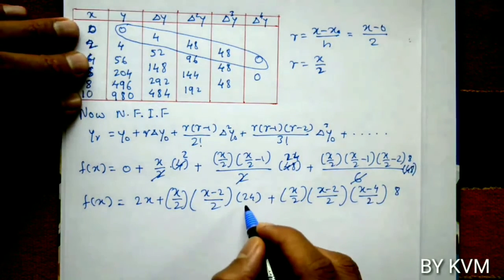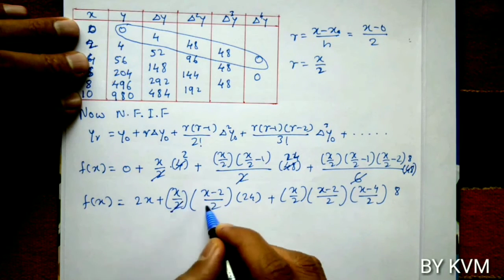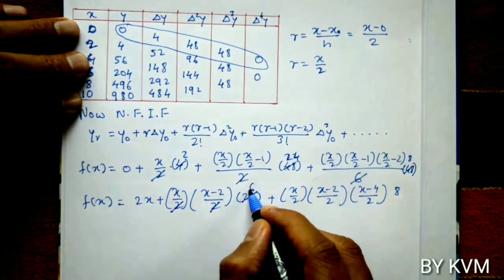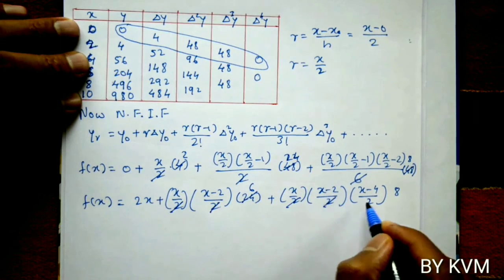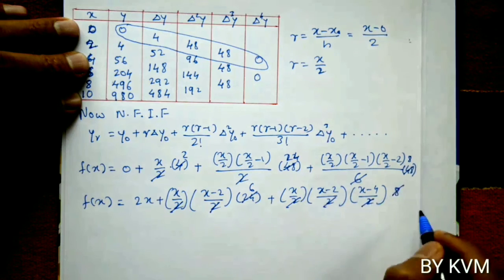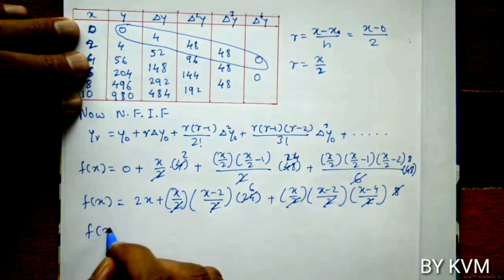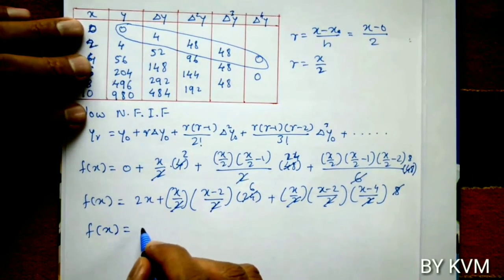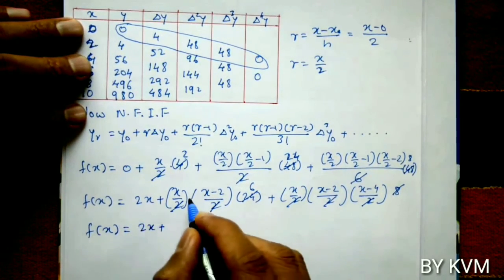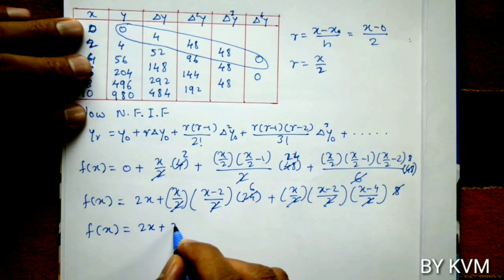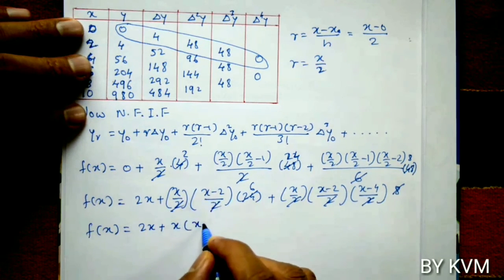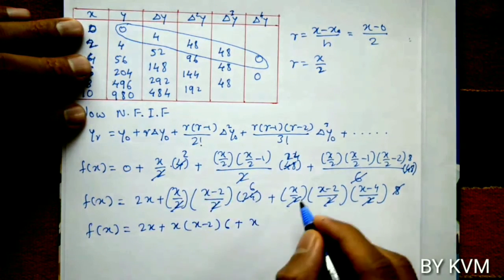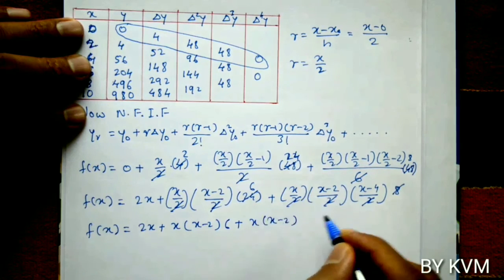Now simplifying further. 2 into 2 is 4, and 24 by 4 is 6. Now 2 into 2 into 2 is 8, and 8 by 8 is 1. So f of x equals 2x plus x into x minus 2 into 6 plus x into x minus 2 into x minus 4.